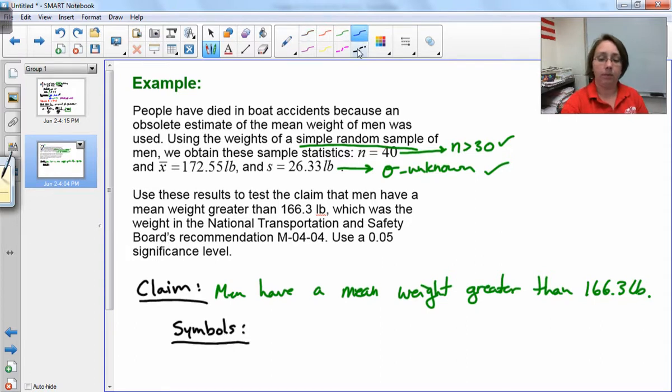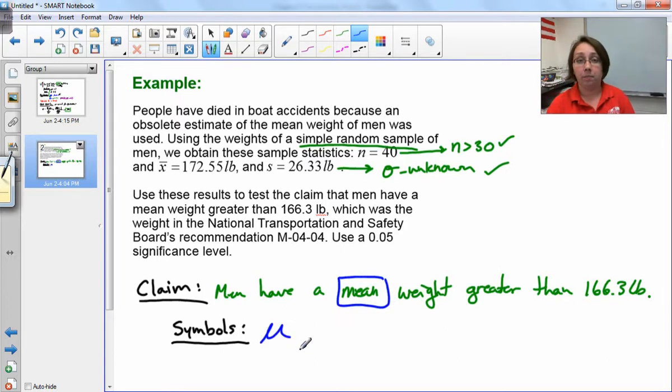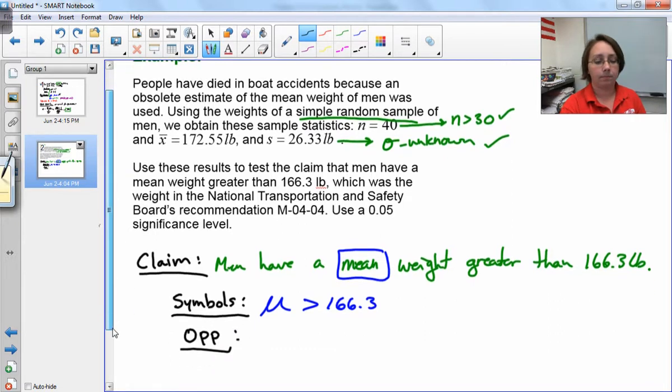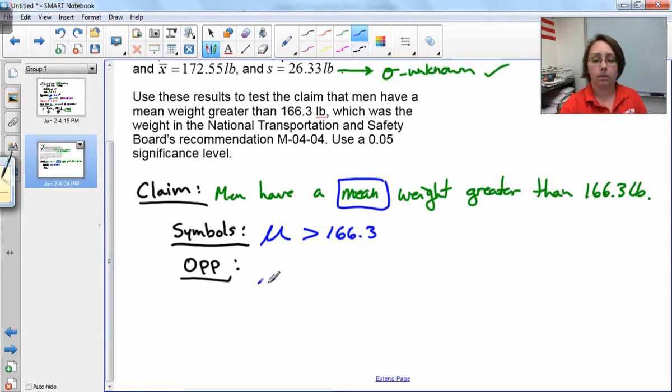Alright, the symbols here. Remember, we're dealing with mean, so this is mu. I see this mistake a lot. Make sure you use mu when you're dealing with mean. P, only if you're dealing with a proportion or a percentage. Alright, the mean weight is greater than 166.3 pounds. What's the opposite of that statement? Less than or equal to.